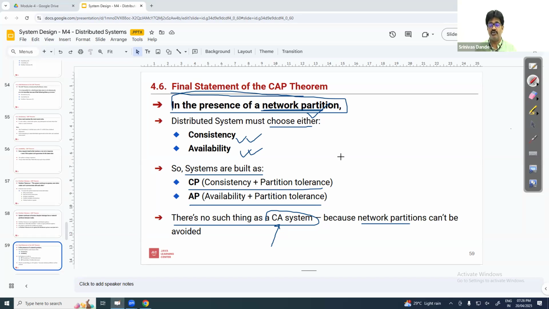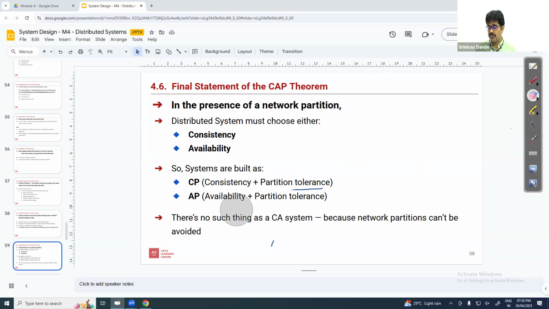In the presence of P, a distributed system can select either C or A. So you have only consistency plus partition tolerance systems or availability plus partition tolerance systems. Either your system may be consistent or available. Both are not possible.